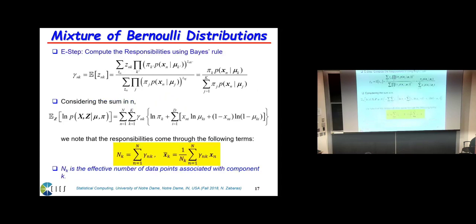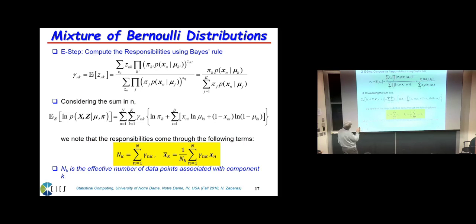If you do the algebra, and I'm not going to repeat it, the first thing is you fix the parameters and compute the responsibilities. The formula looks identical to the generic formula as before. The responsibility is the prior times the likelihood for the k-th component, divided by the normalization factor.